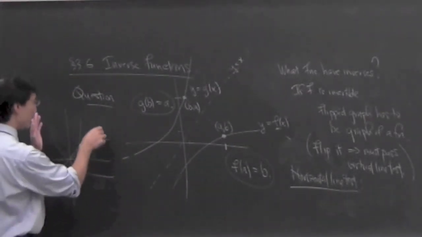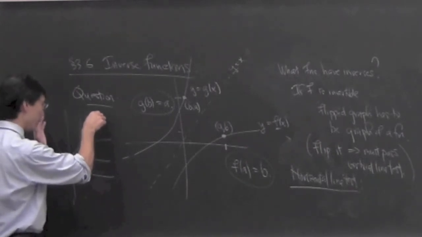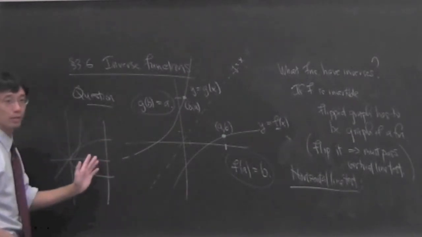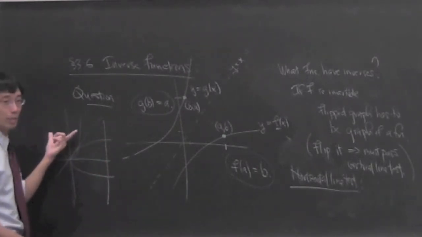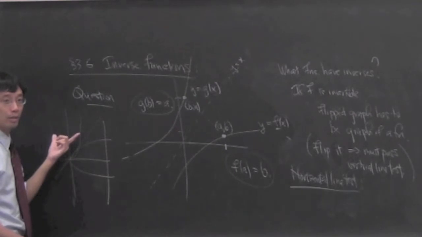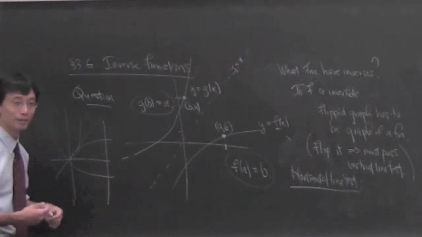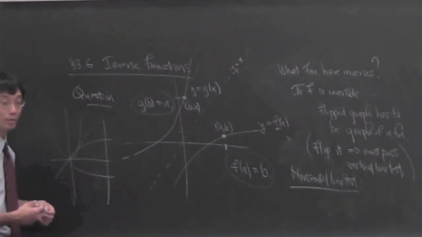When you flip it, it can't be the case that it intersects a vertical line in 2 places. Well, what does that say about the original function? Doesn't that mean it is invertible if it hits 2?